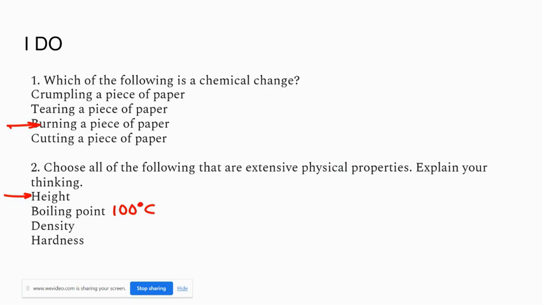Density. Does extra make a difference in terms of density? Yes. If I have... okay, you guys did density for your water, right? Do you remember doing that with the graduated cylinder and the beaker? So the 20 mLs, the 40 mLs, the 60 mLs, did the density change, or should the density have changed?